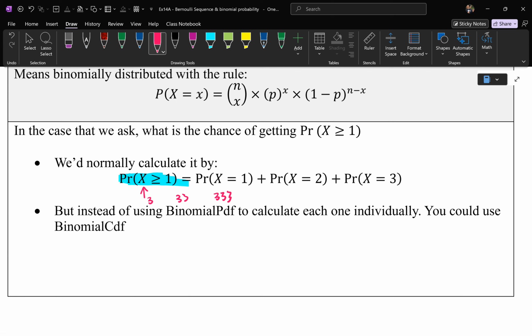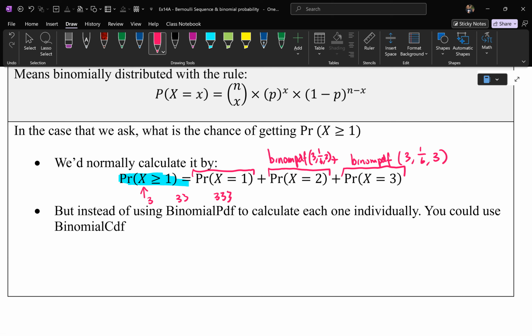What's the probability of getting all that? Now, normally you could do probability of x equals 1 plus probability of x equals 2 plus probability of x equals 3. That means you do 3 binom PDFs, which takes a long time. So here you would have done binom PDF n, which is 3, probability of success is 1/6, and then 3, plus binom PDF 3, 1/6, and then 2, and then etc.